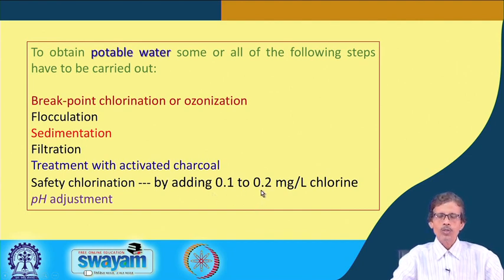So, a level of 0.1 to 0.2 milligram per liter of water can be added for chlorination, which is a safety chlorination, because if your water is a little bit alkaline in nature, we cannot go for a higher amount of chlorine.